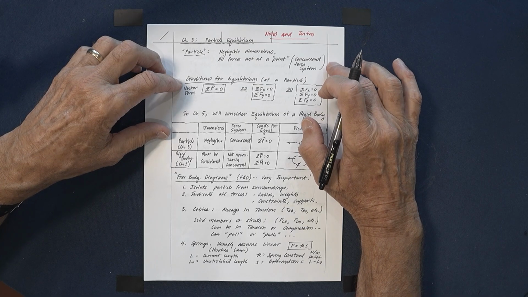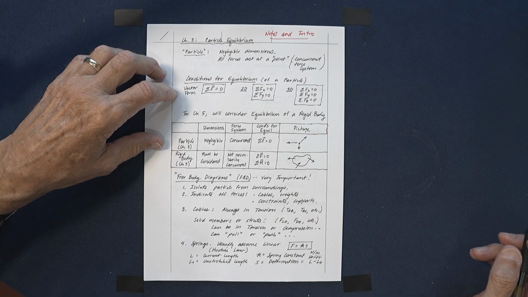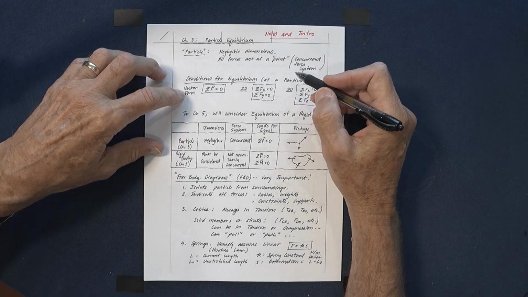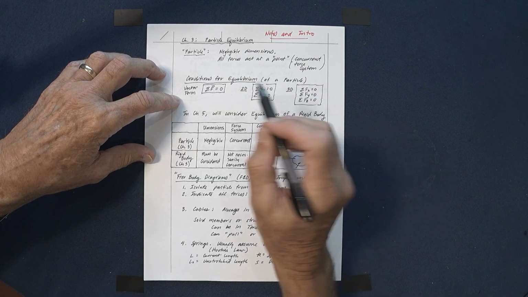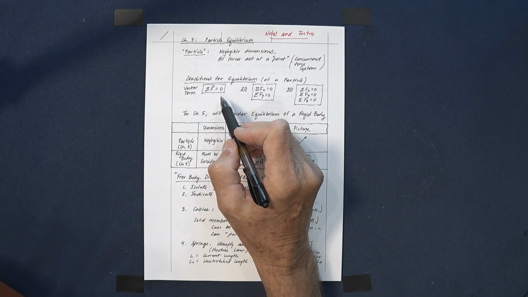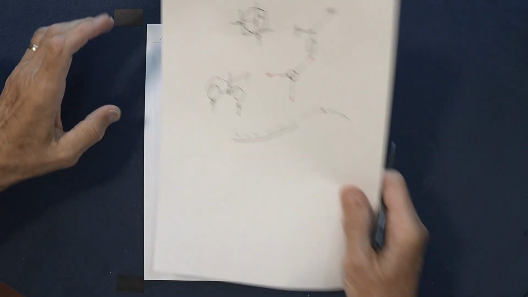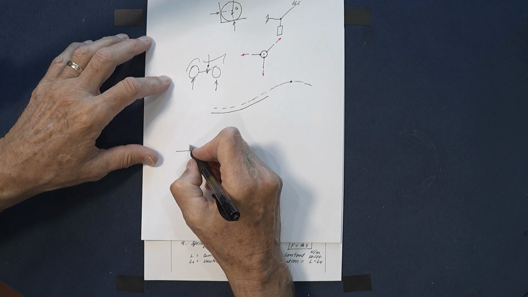And if there is a concurrent force system, and we talk about equilibrium of that particle, the condition for static equilibrium is basically that the sum of the force vectors is equal to 0. In our previous chapter, we sometimes had several forces acting. Here's a ring, maybe.